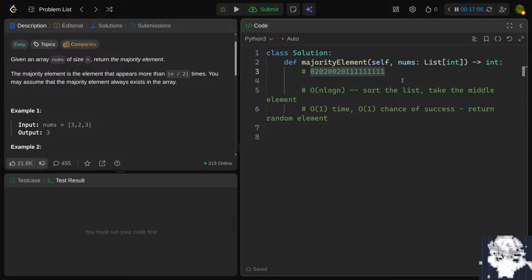Could we do a kind of fake sorting of the list where we're just putting stuff together that is equal? I don't really know how to do that.